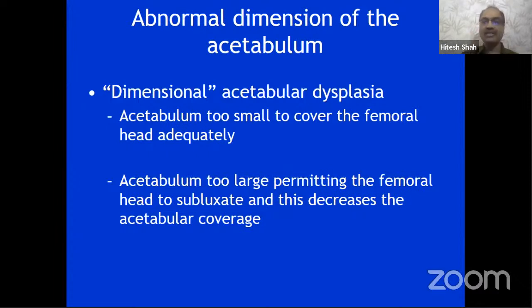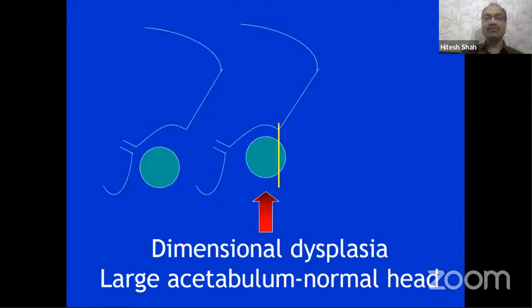seen in case of DDH. If you see the left side, the first figure, where the femoral head is normal but the acetabulum is large, if it is not corrected in time, the femoral head can migrate laterally and can ultimately lead to subluxation, and that is called dimensional dysplasia.